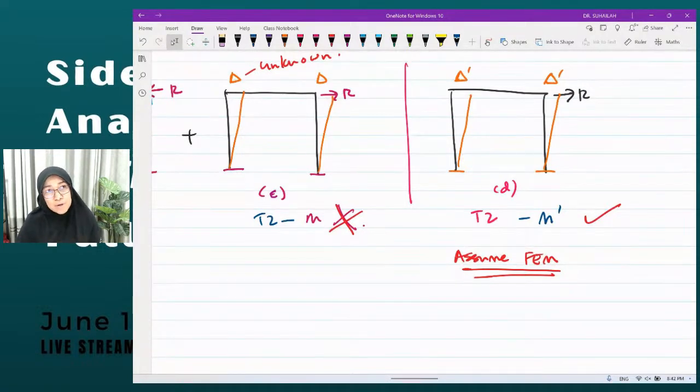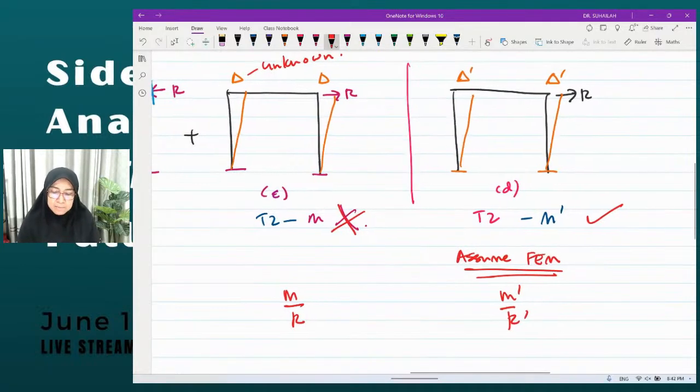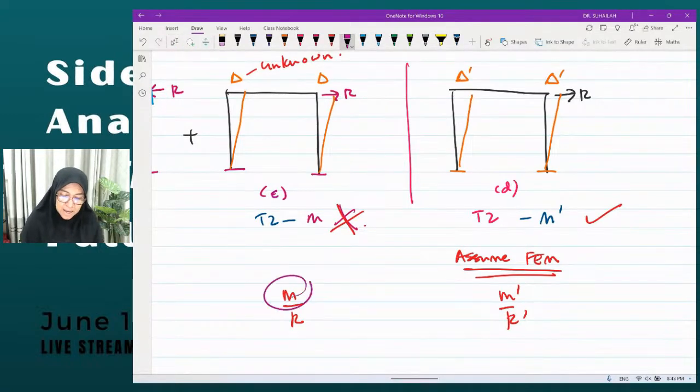To do interpolation between M and R, which we get from C, and at D we have M prime and R prime. So M is the unknown.